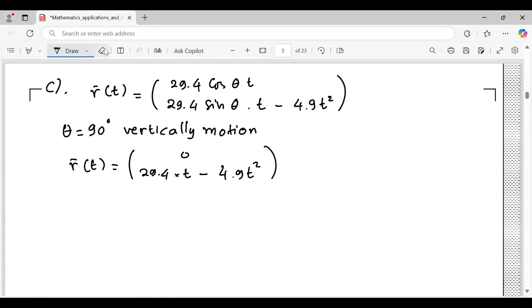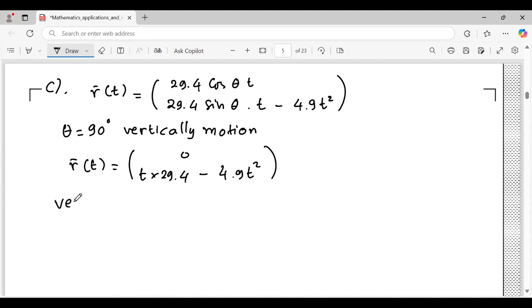Or we can write it like this: t multiplied by 29.4. And this is the vertical displacement.